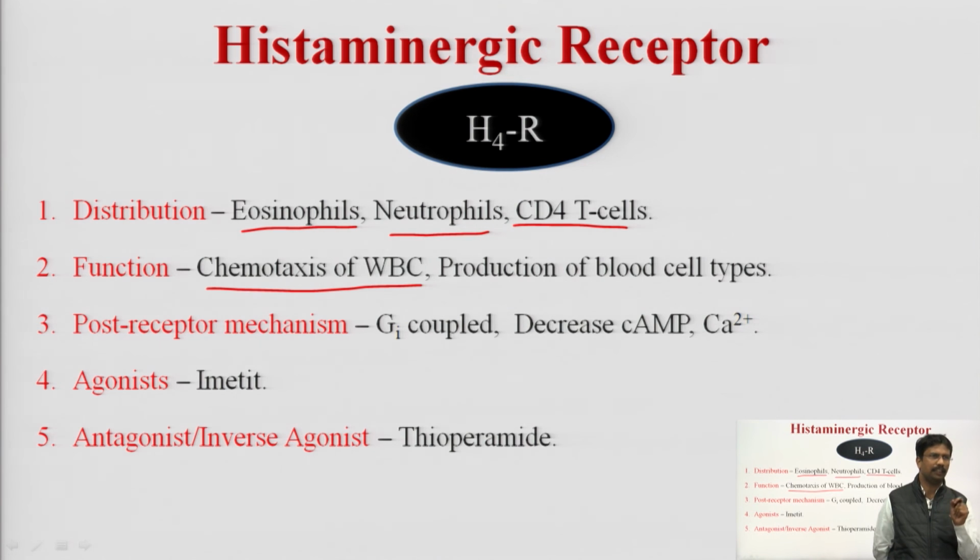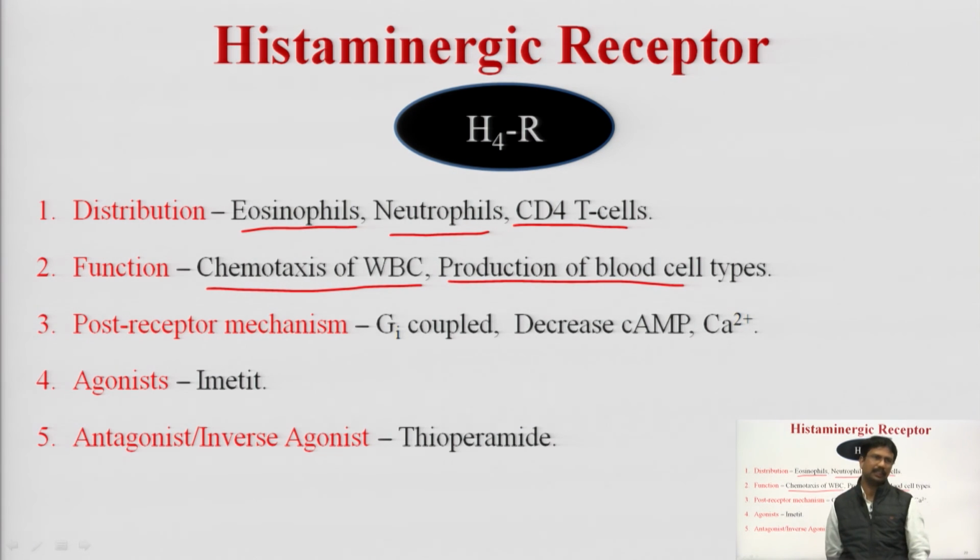What is the meaning of chemotaxis? Chemotaxis is the movement of cells under the influence of inflammation or some antigen antibody reaction. It also stimulates the production of blood cells, that is, hemopoiesis or leukopoiesis.